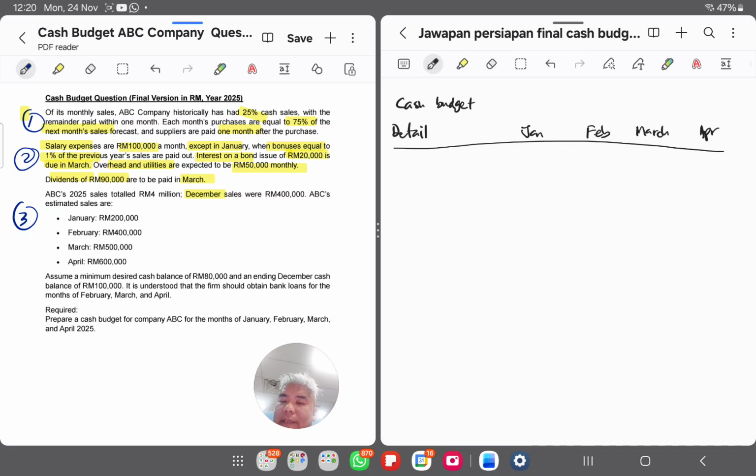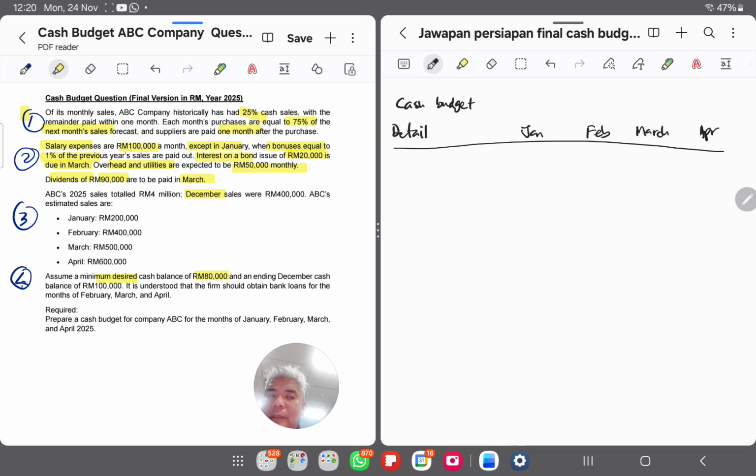For December last year, 400,000 sales, and then January 200, February and March and April. And then for paragraph 4, assume a minimum desired balance of 80,000. So every month you have to keep a minimum desired balance of 80,000 ringgit.